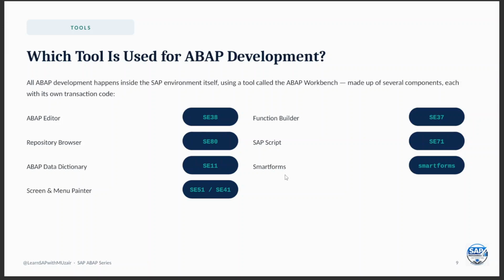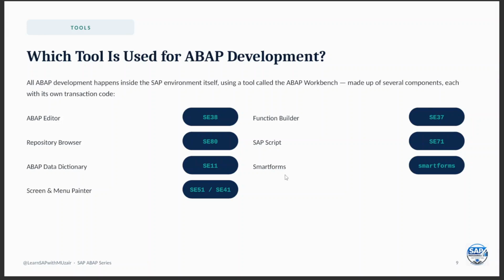The ABAP Workbench is made up of several components, and each one has its own transaction code. A transaction code is a specific code, 4 to 5 characters, maybe more, that is used to access a special screen to do a specific work.